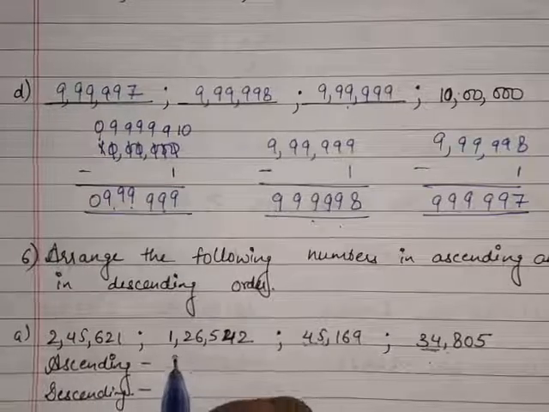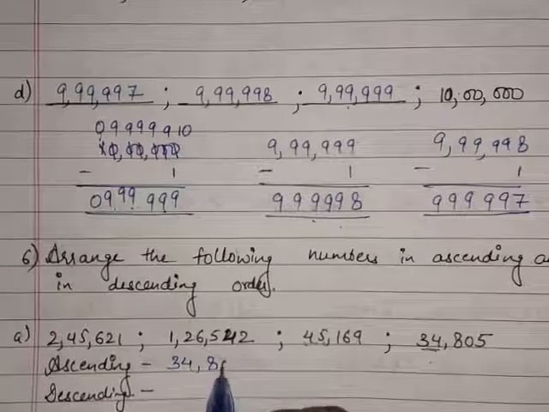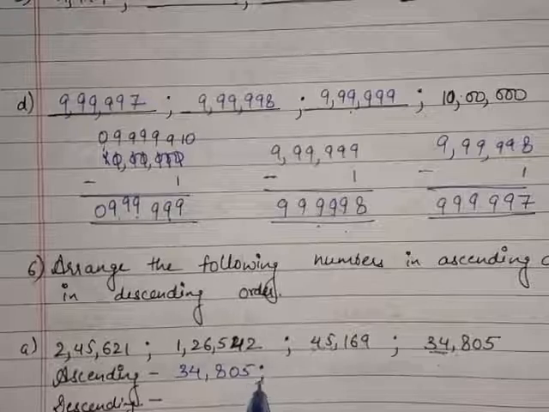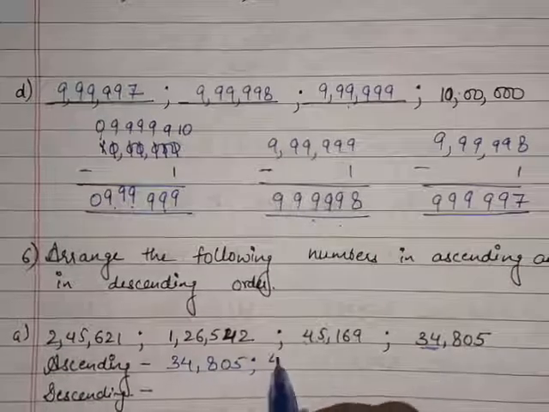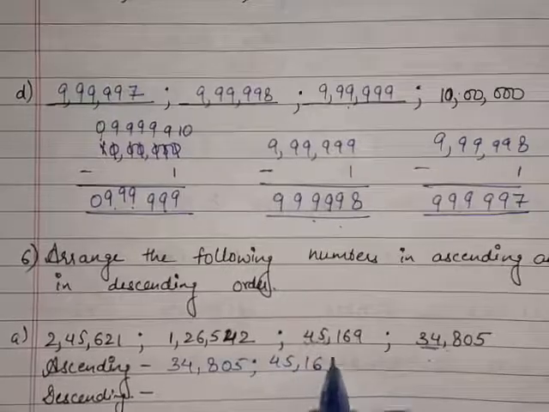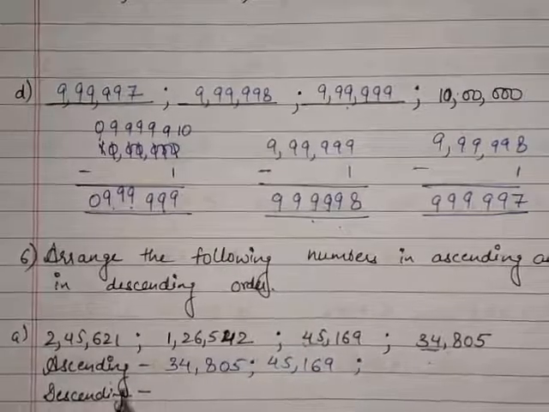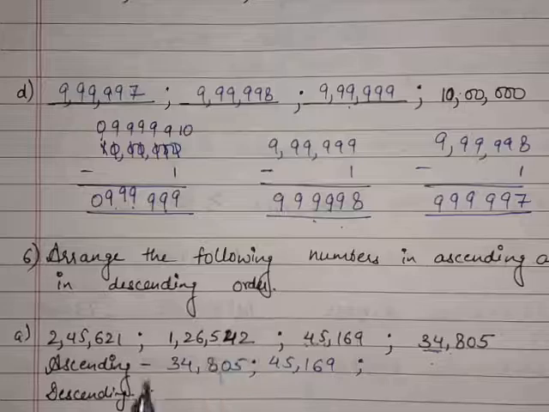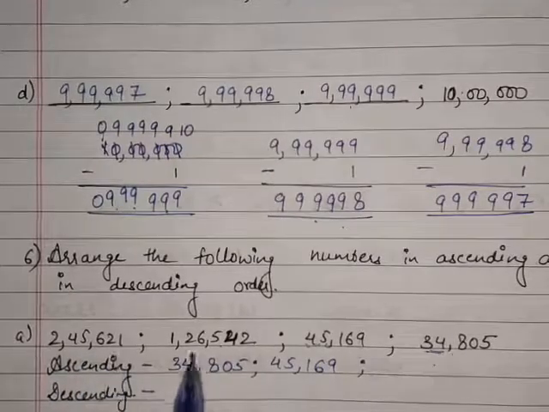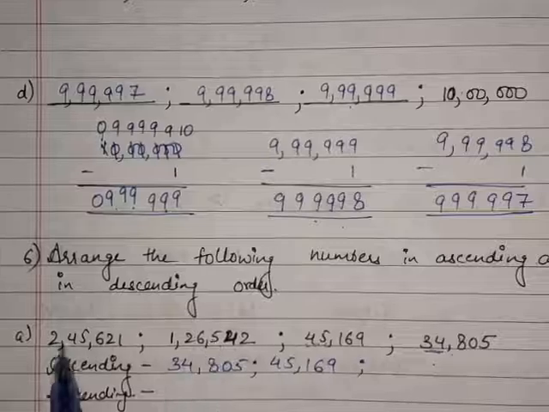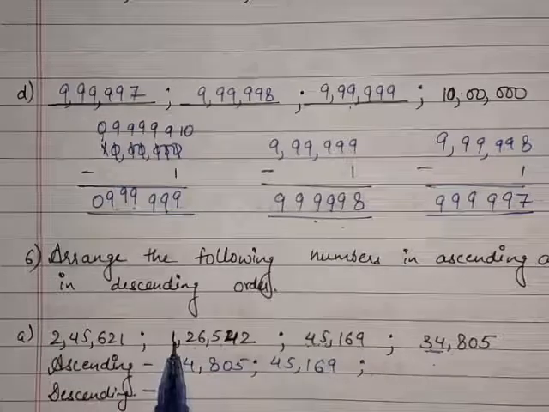We will note down 34,805. Then 45,169 is greater. Now these two are 6-digit numbers. We will see which one is greater. See, it is given 2,45,621. It is given 1 lakh. Means 2 is greater than 1. So what is smaller?